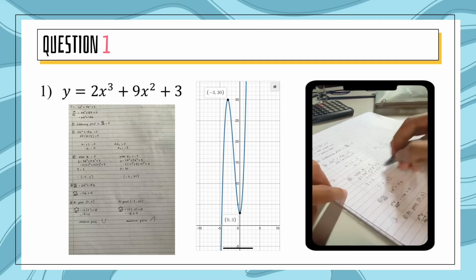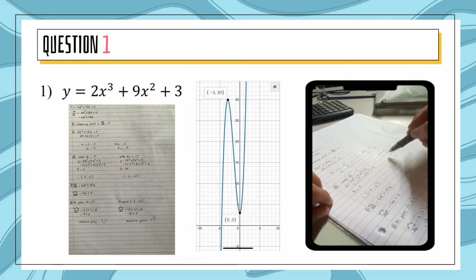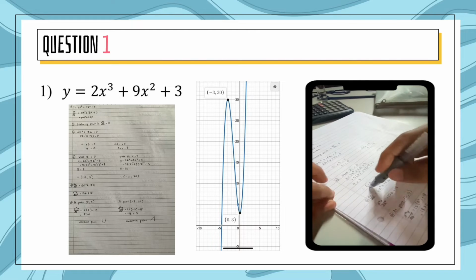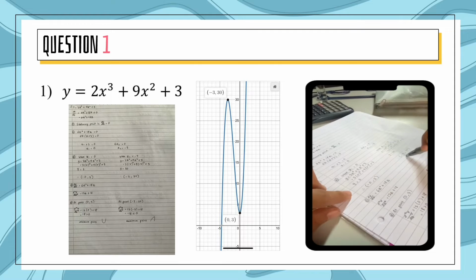You can get 3, same like this. Then you get the x and y values, same like this.